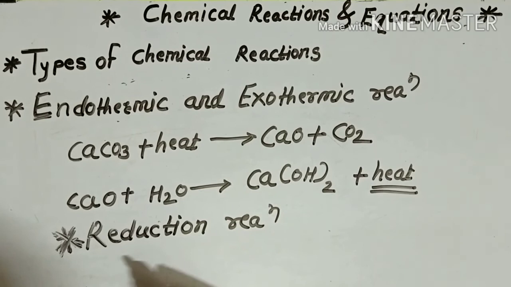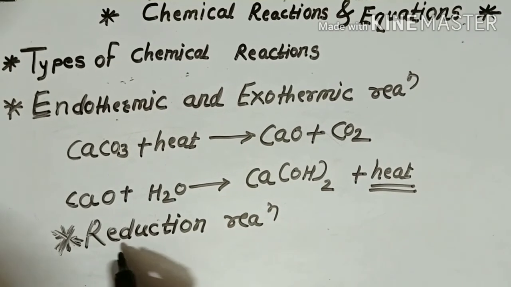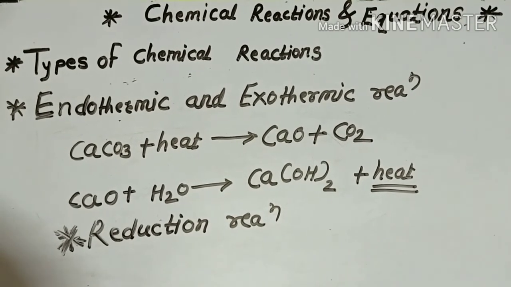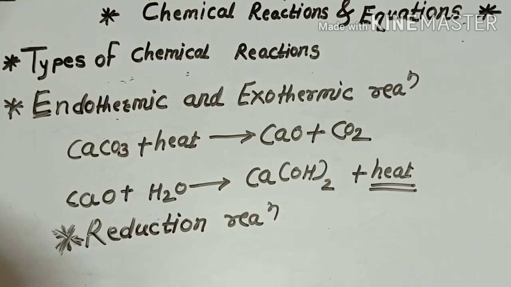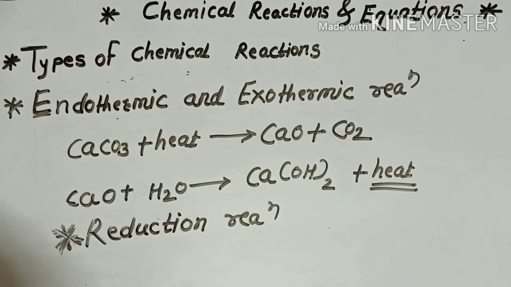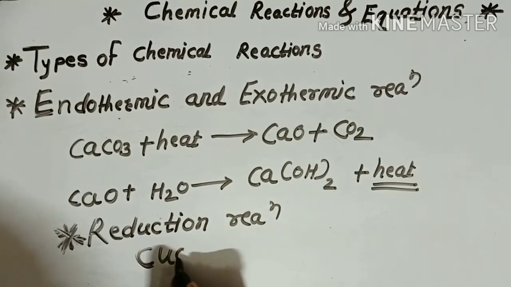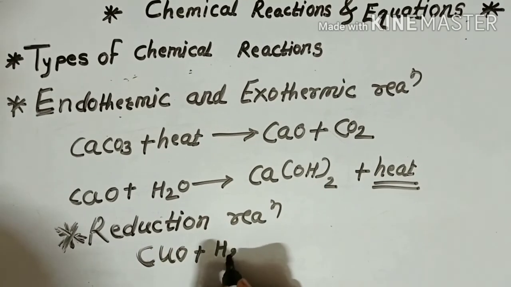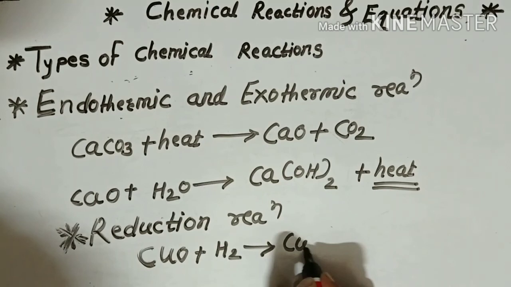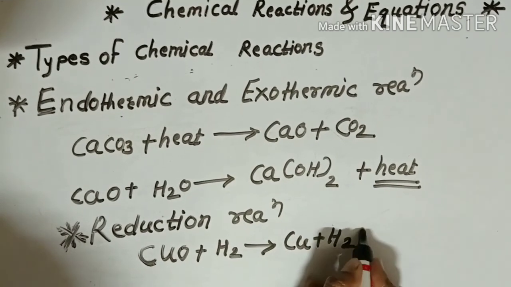Next one is the reduction reaction. The chemical reaction in which reactants gain hydrogen is called reduction. See the example, CuO, copper oxide plus H2 gives Cu plus H2O.